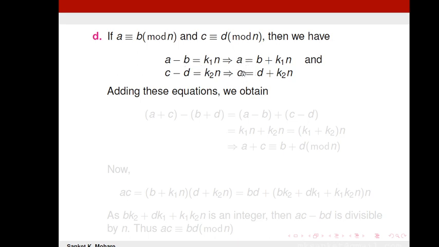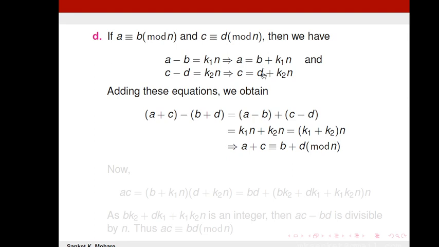Now adding these two equations, we get A plus C is equal to B plus D plus k1n plus k2n. Now if I shift B plus D to the left side, what do I obtain? A plus C minus B plus D. This can be formulated as A minus B plus C minus D, and the value of A minus B is k1n plus the value of C minus D, which is k2n.